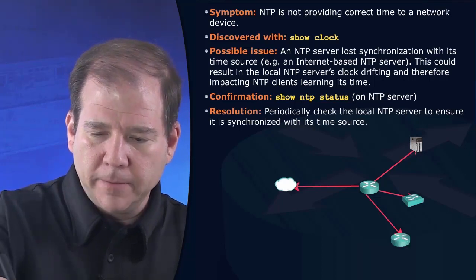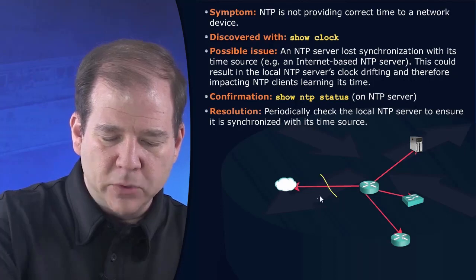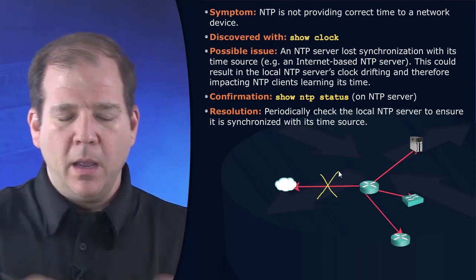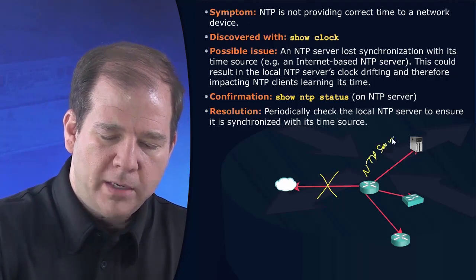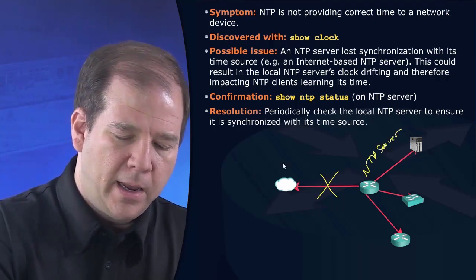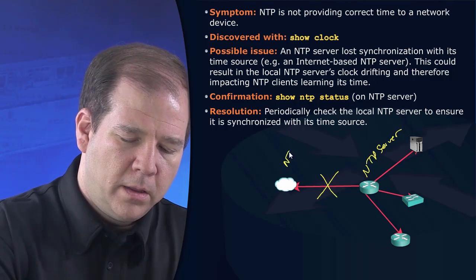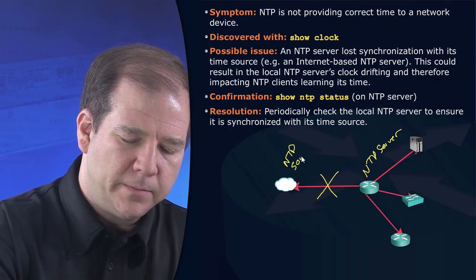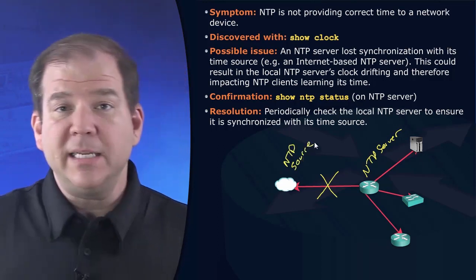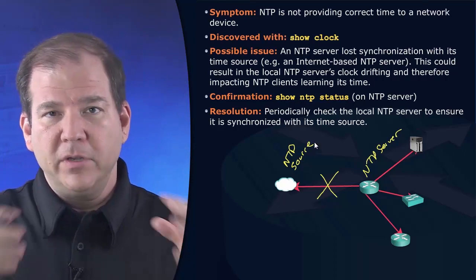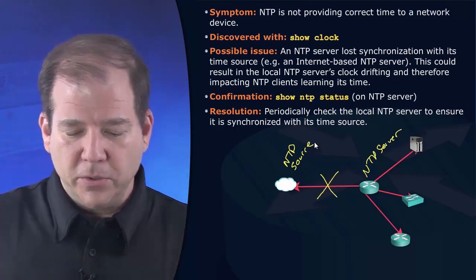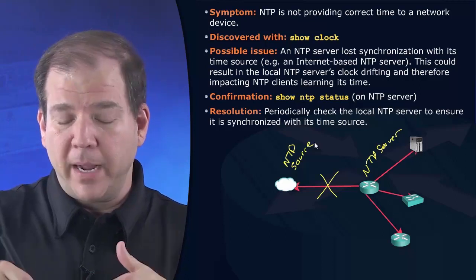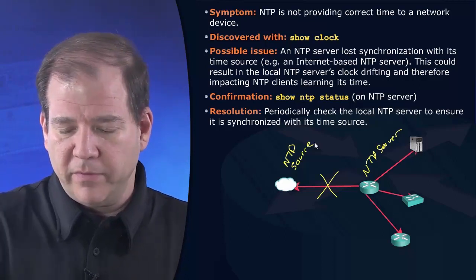What happens if some sort of connectivity issue happens between my NTP server and the NTP source on the internet? If we lose connectivity there for some reason, obviously the time is going to start to drift a little bit, and that could cause us to have incorrect or mismatched times on some of our devices.